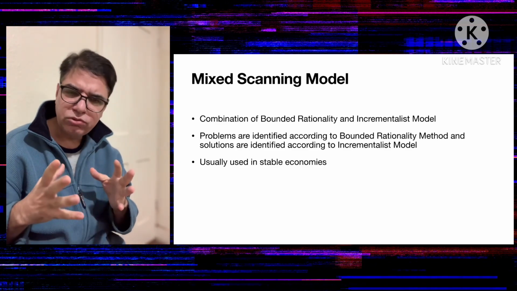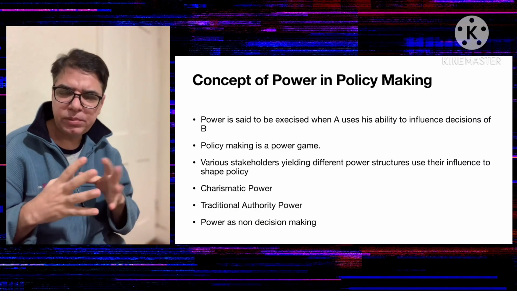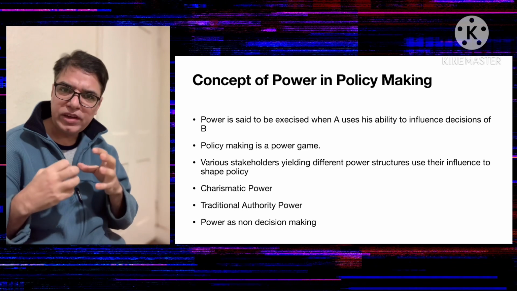Now coming to the fact that policy making is more of a process in which power is exercised by different segments of society. Please keep in mind the policy is a result of a struggle. There are various stakeholders.